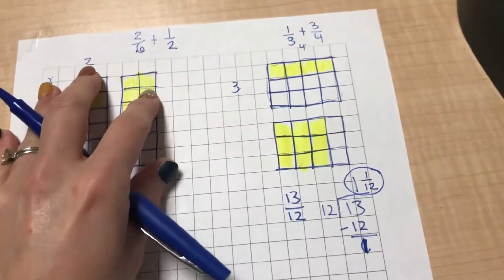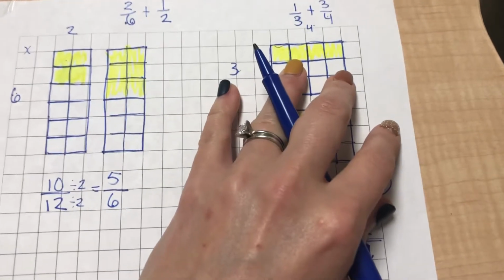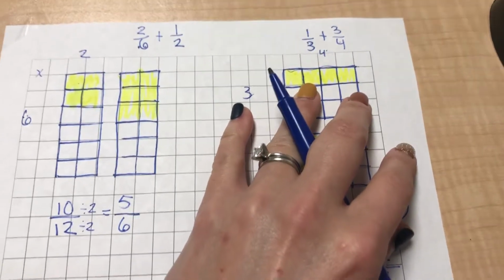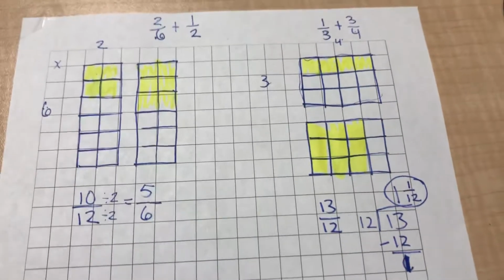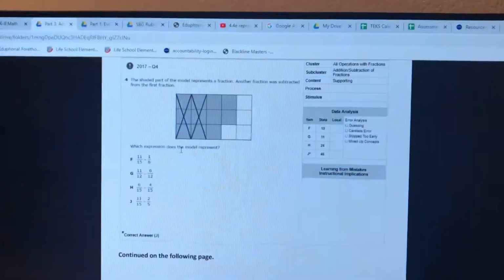This is a great way to help with their understanding of what is going on, instead of just doing your standard algorithm. And honestly, the TEKS says represent, so we've got to show them really what's going on. They have to be able to identify. I mean, look at this. They have to interpret what's going on here.